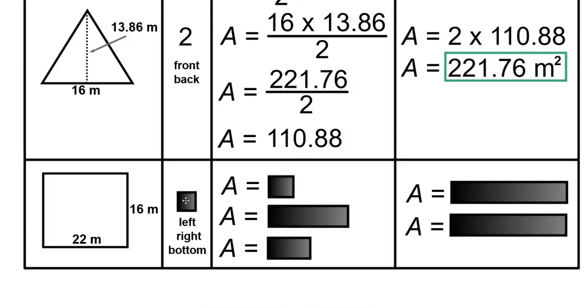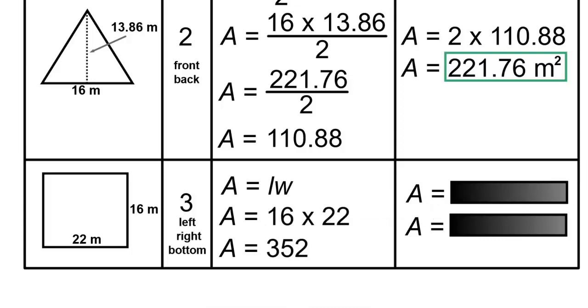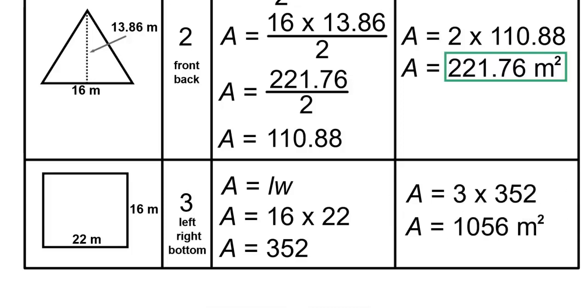And there's a left side, a right, and a bottom. There's 3 sides. Area equals length times width. Area equals 16 times 22, and that's 352. Again, there's 3 sides, so multiply that number by 3. That will give us a total of 1,056 meters squared.